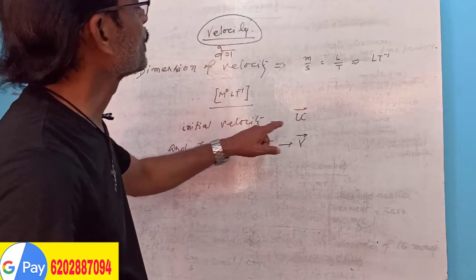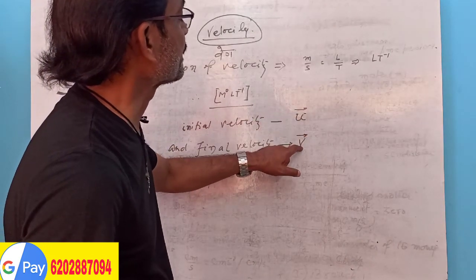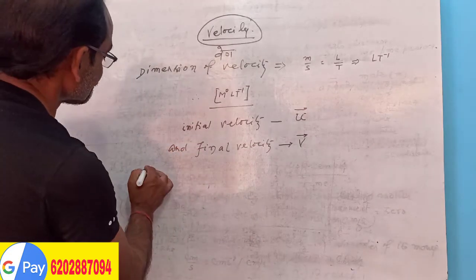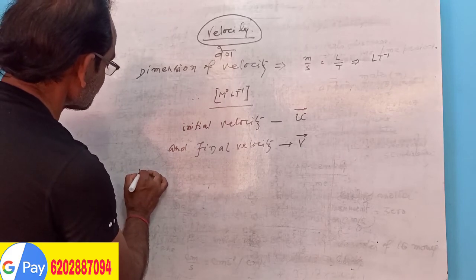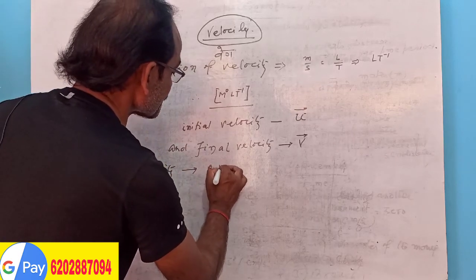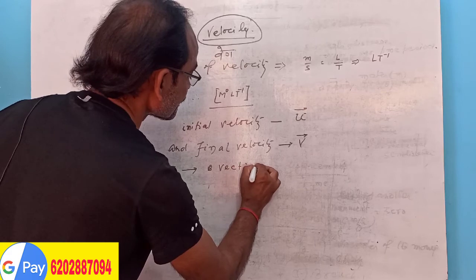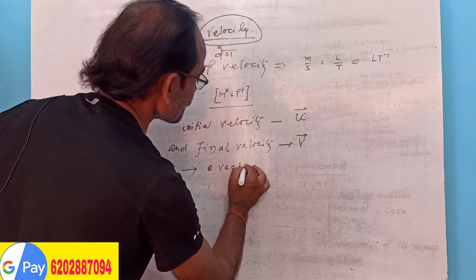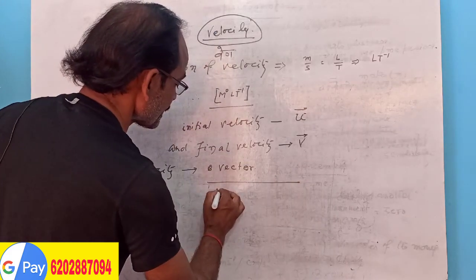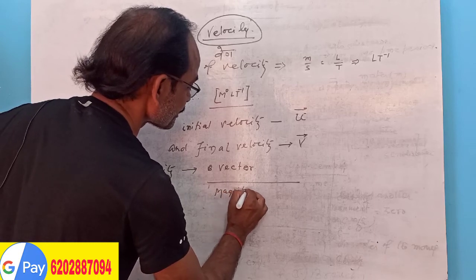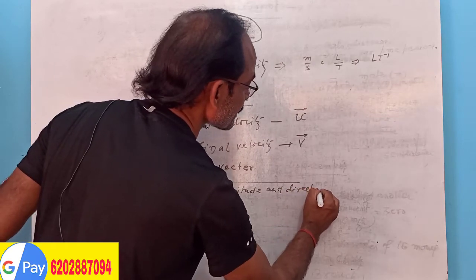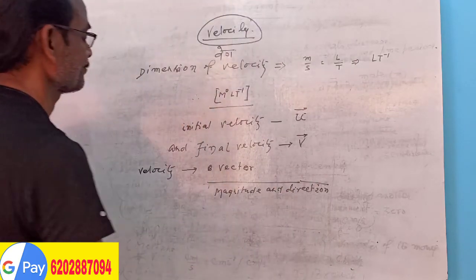It is a vector, so u gets an arrow and v gets an arrow. Velocity is a vector because it has both magnitude and direction.